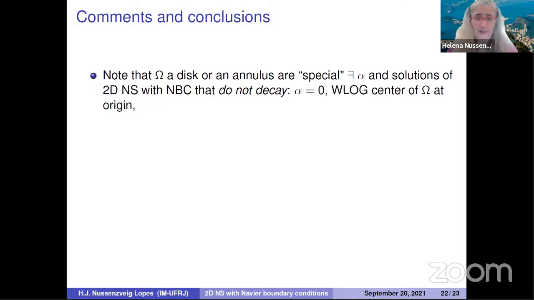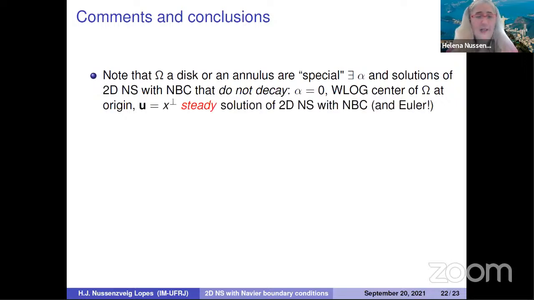If you take, without loss of generality, the center of either the disk or the annulus to be the origin, then u equals x perp is a steady solution of both 2D Navier-Stokes with Navier boundary conditions and Euler. That's because the Laplacian of x perp is 0. So this is a steady solution, therefore it does not decay. And if your domain is not centered at the origin, then it's going to be some constant plus x perp.